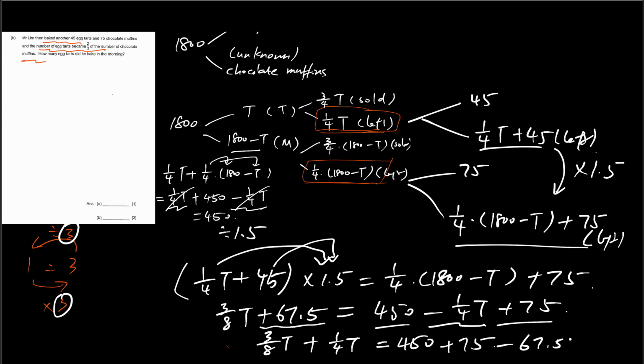Can you give me the left hand side first? 3 over 8 plus 1/4 is 5 out of 8. Very good. So it's 5 out of 8 T equals. Can you give me the right hand side? 450 plus 75 minus 67.5.